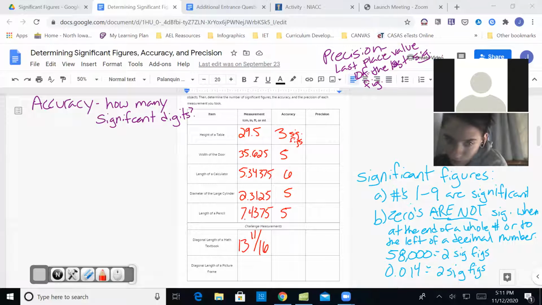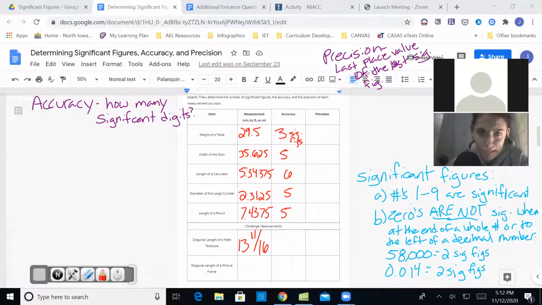Anyone want to take a guess at how many significant figures the textbook would have? Jennifer says 6.